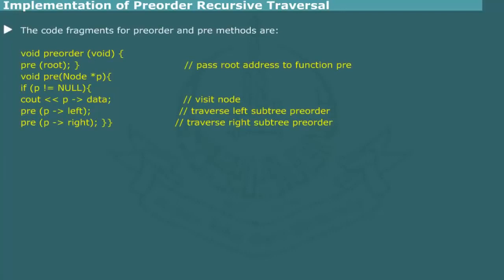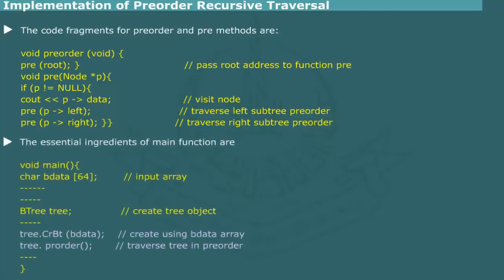The procedure is: invoke helper function, visit node and print data, traverse left subtree pre-order, traverse right subtree pre-order. The class methods are usually called from the function main in a C++ program. The essential ingredients of the main function are shown in the figure. The detailed coding is shown in the demonstration that immediately follows.